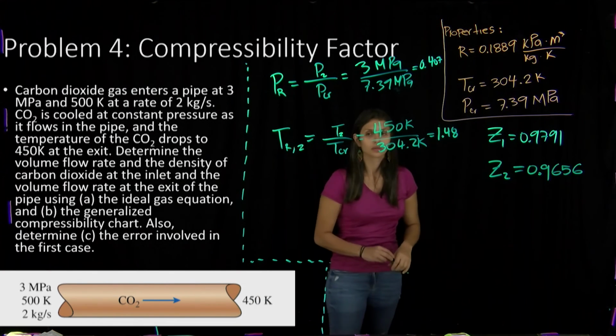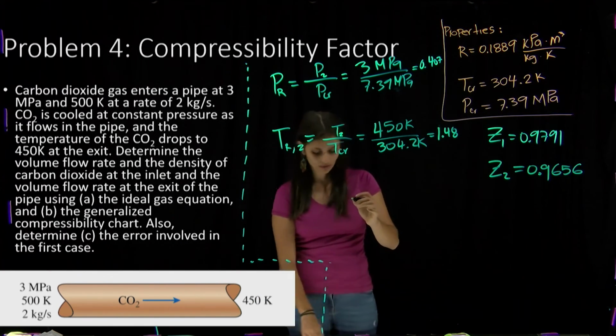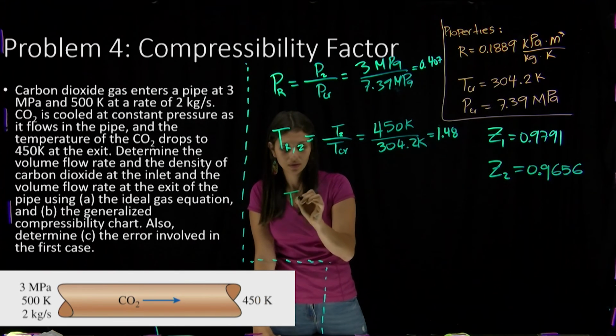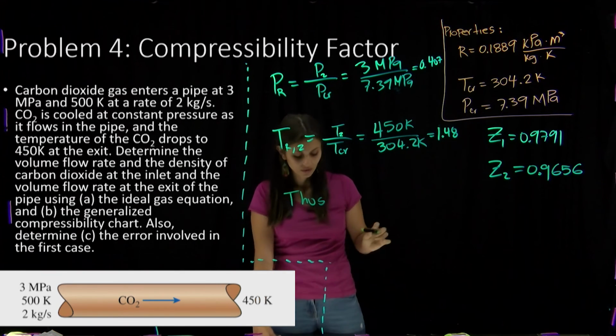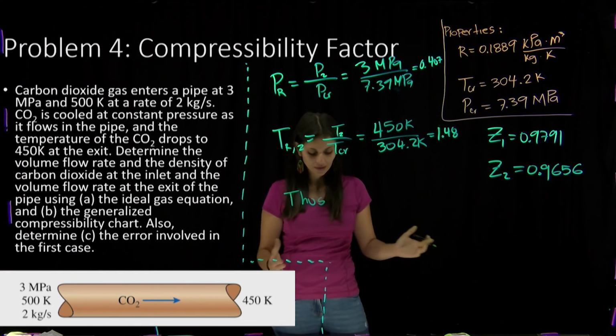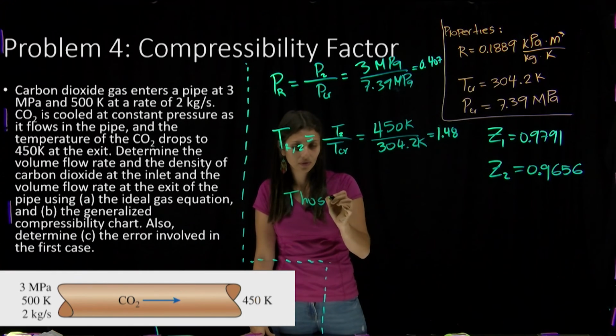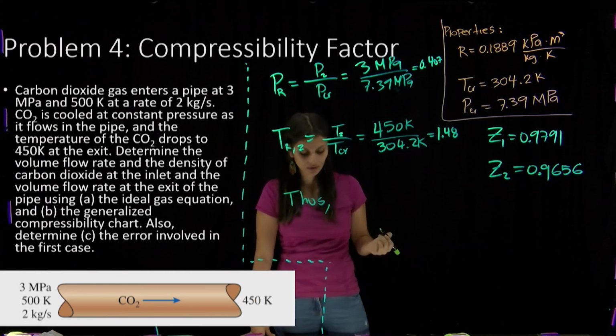Okay, so now we can go ahead and just calculate the volumetric flow rates at the inlet and outlet of the pipe, right?